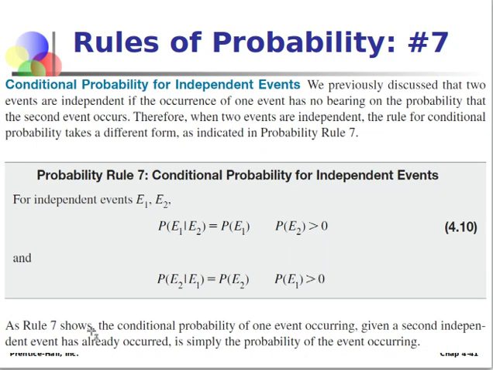As Rule 7 shows, the conditional probability of one event occurring given a second independent event has already occurred is simply the probability of the event occurring.